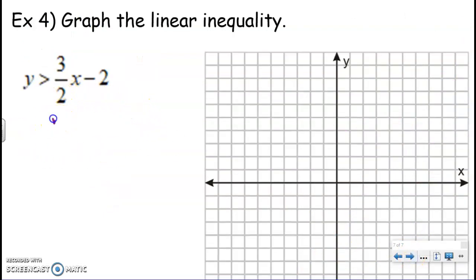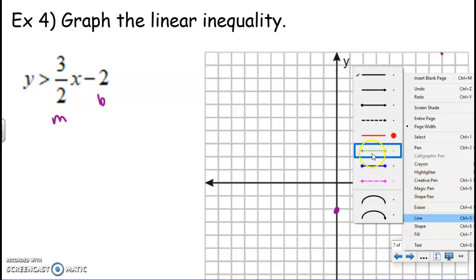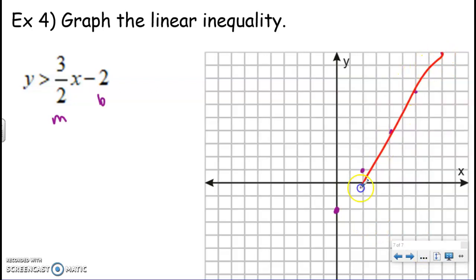Okay, last one. B, start at negative 2, go up 3 over 2, up 3 over 2, up 3 over 2, and we should be good there. We're going to draw a dotted line for this one.